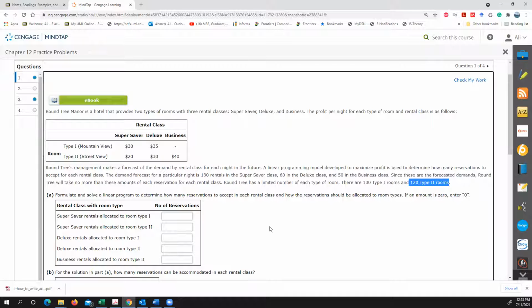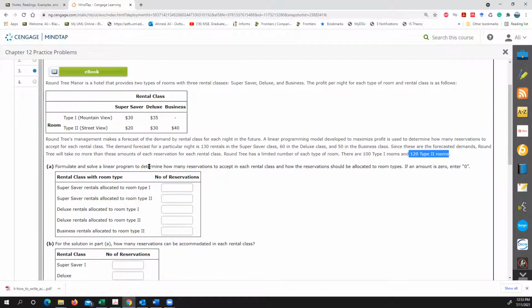Now we have to formulate a problem to determine how many reservations to accept in each rental class and how the reservations should be allocated to room types. We know the demand, so we can see how much we should accept, and we also know that we have limited room types, and we have to find these 6 different variables.